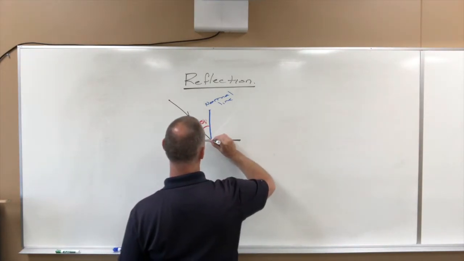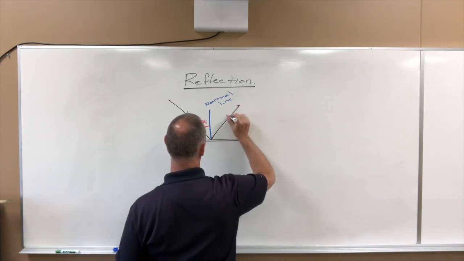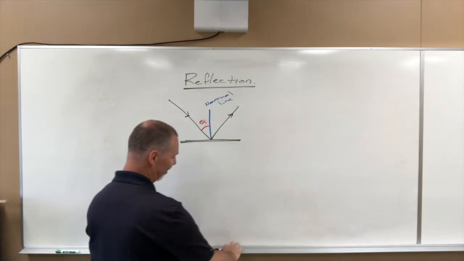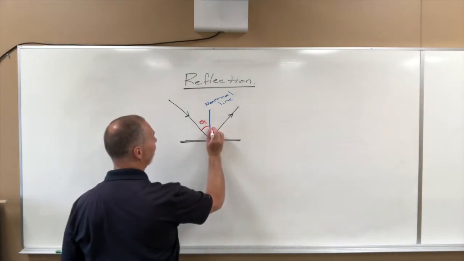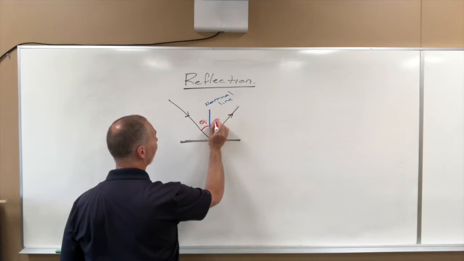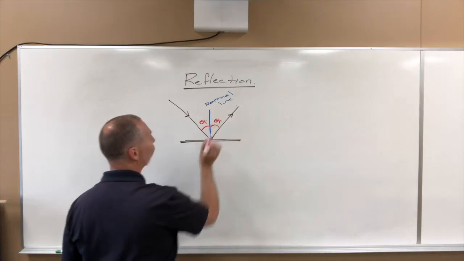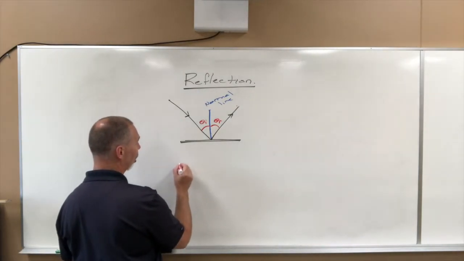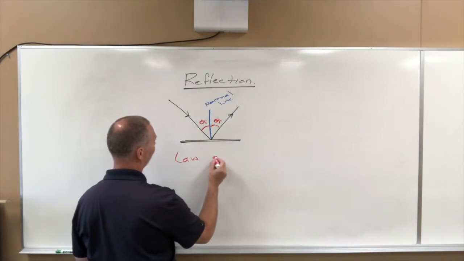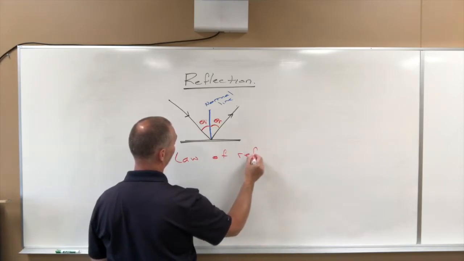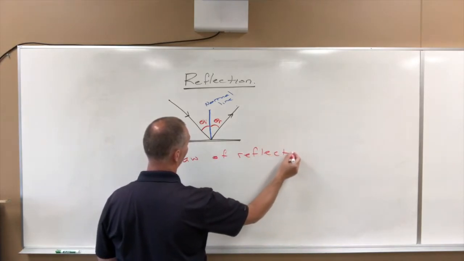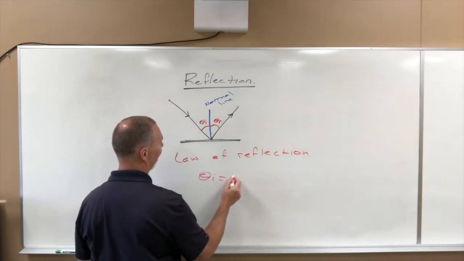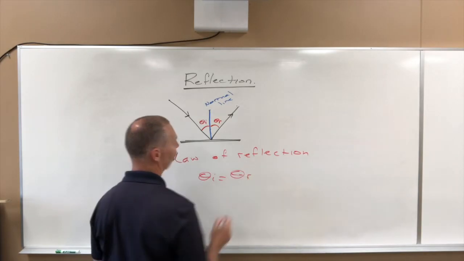It has to be reflected in such a way, there we go, that's better, that the angle of incidence has to equal theta r, for reflected. All right, so the law of reflection simply states that theta I has to equal theta r.